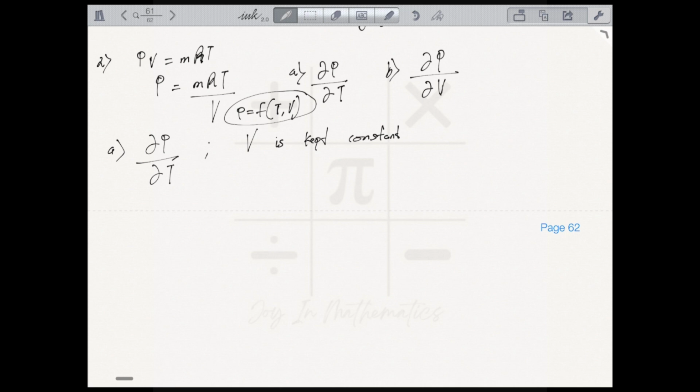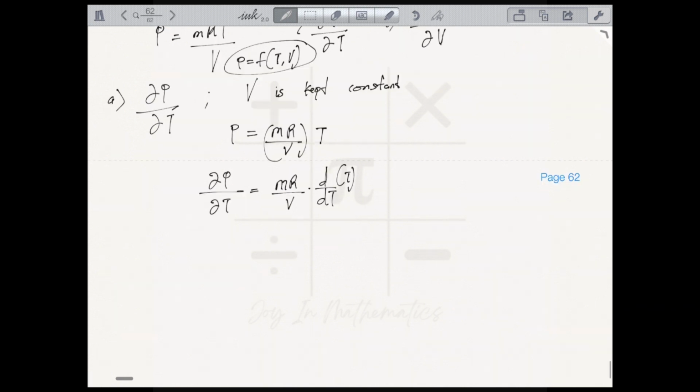Therefore, when our V is kept constant, we can have our expression of P to be mR over V multiplied by T. Therefore, our partial derivative of P with respect to T is mR over V multiplied by the differentiation with respect to T of T. Now this is mR over V multiplied by 1, and our answer will be mR over V.